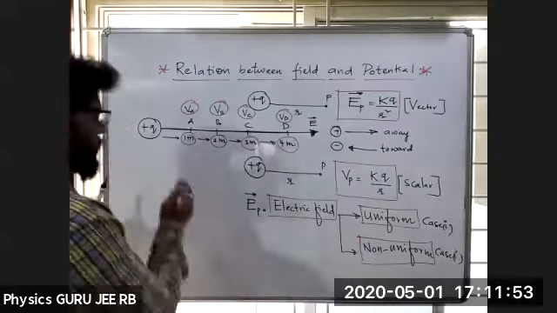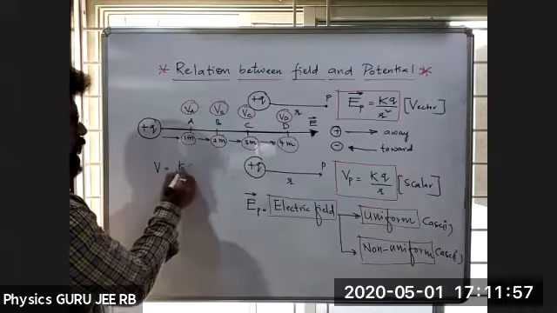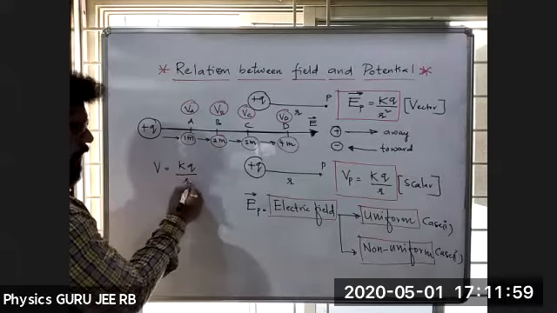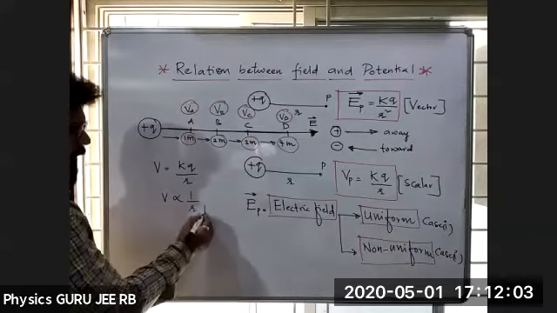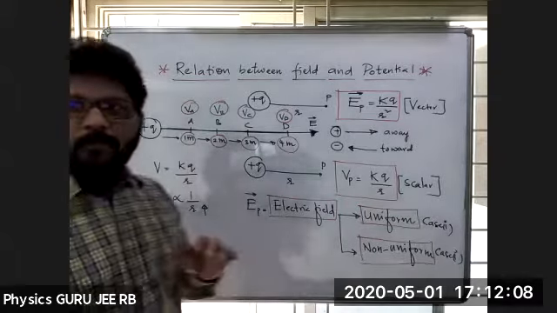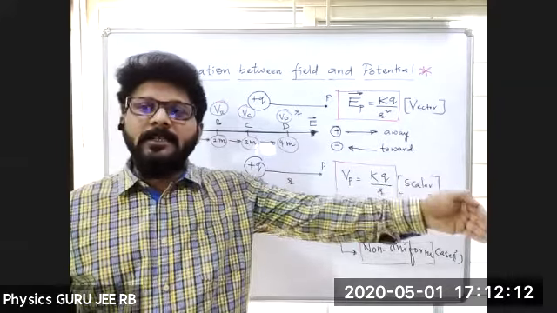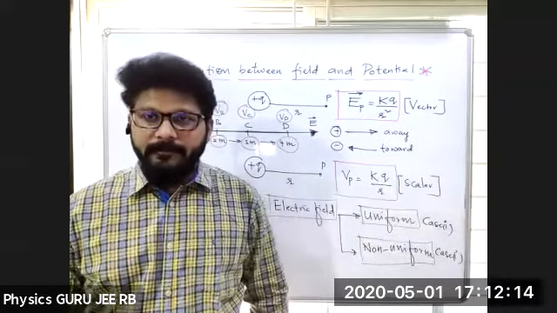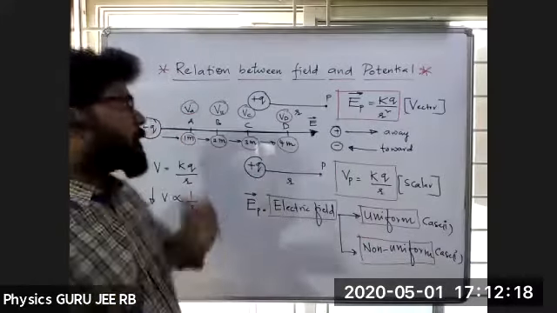Why? Because V is equal to KQ by R. So V is proportional to 1 by R. As R is increasing, V will decrease. So very important point is potential always decreases in the direction of field. Important point is what? Potential always decreases.